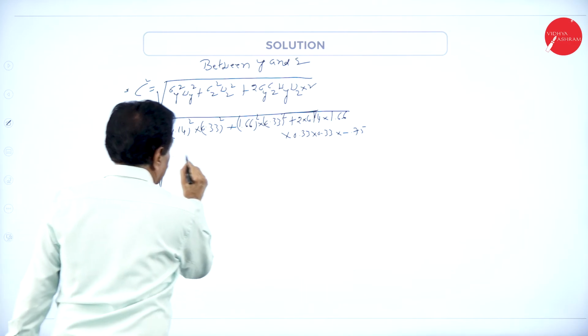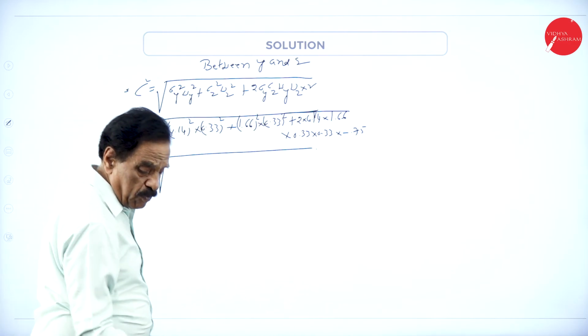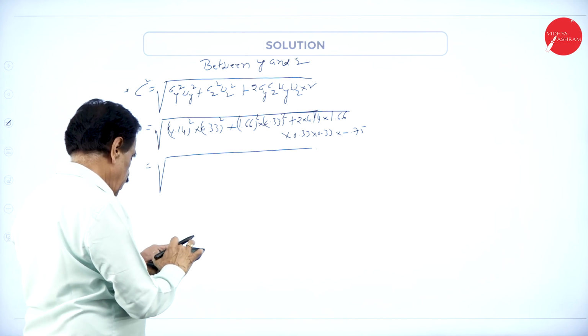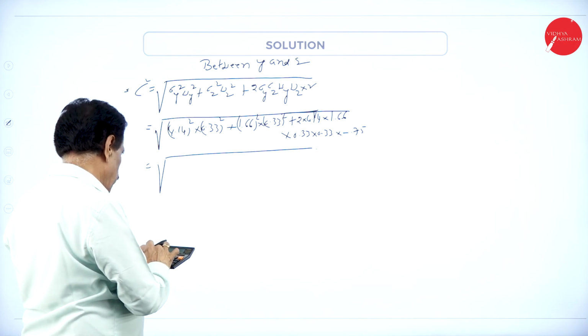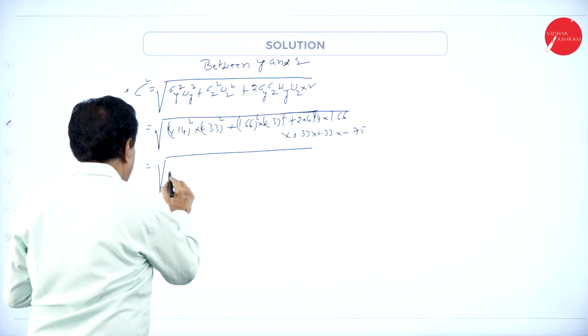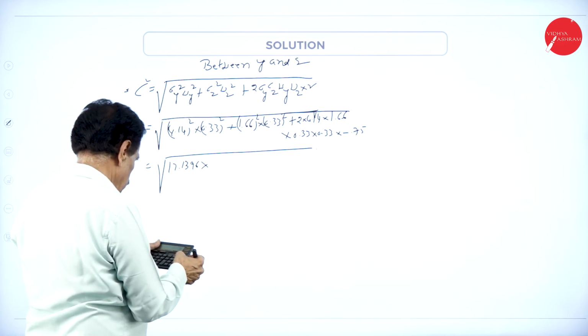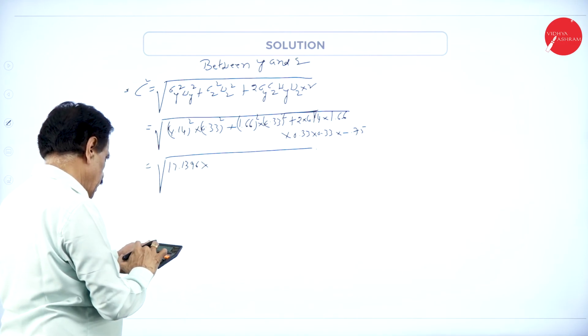Root of 4.14 into 4.14, 17.1396 into 0.33 into 0.33.